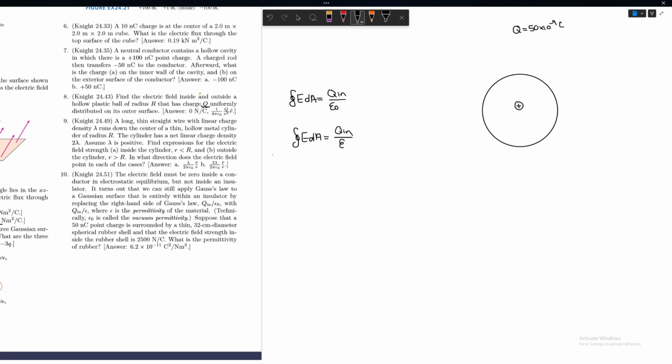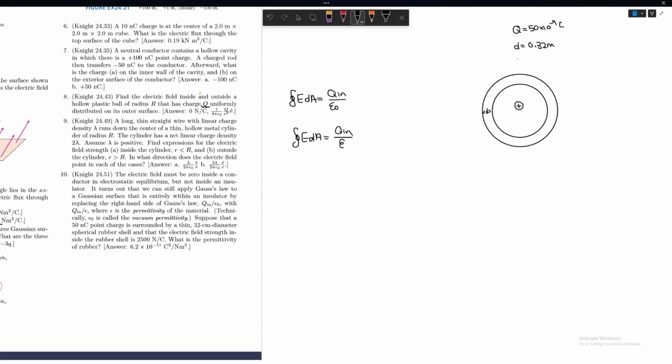Point charge is surrounded by a thin 32 centimeter diameter spherical rubber shell.